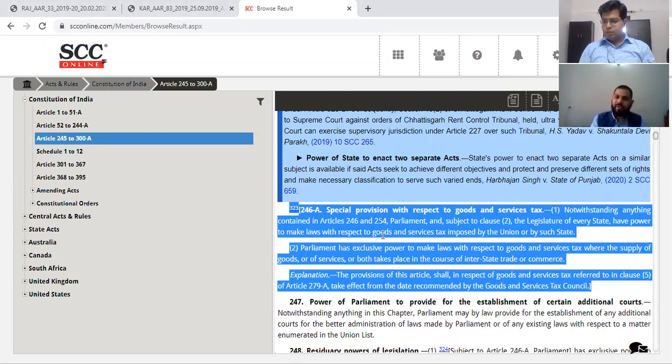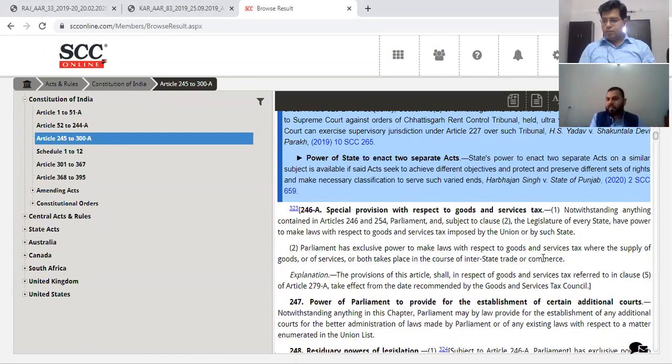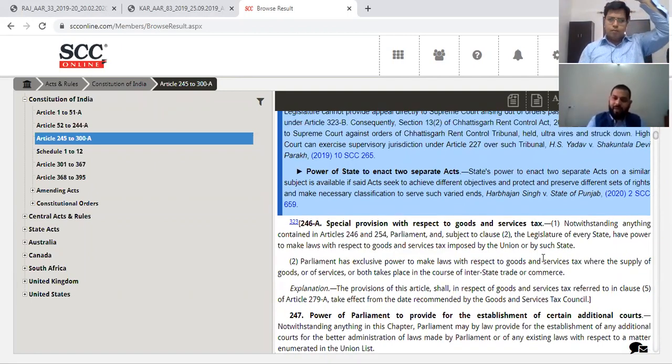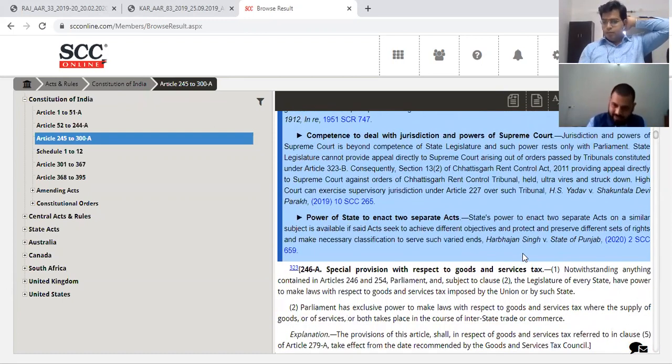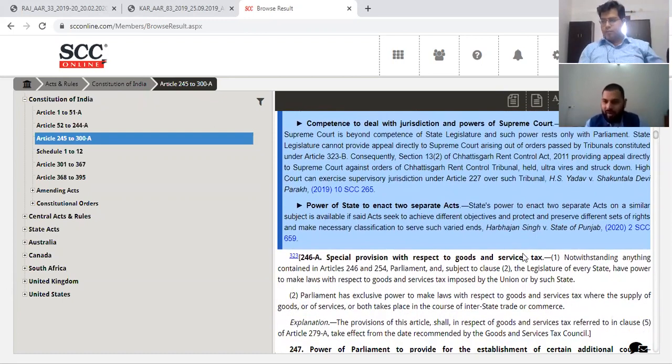246A talks about special provisions with respect to goods and services tax. We all know that under the Constitution, the powers of the Parliament and the state legislatures to legislate upon any issue are mainly guided by Article 246, which, when read with Schedule 7 and the lists appended to Schedule 7, gives us an idea of what are the domains which are exclusive to the Parliament, the state legislature, or are concurrent to them.